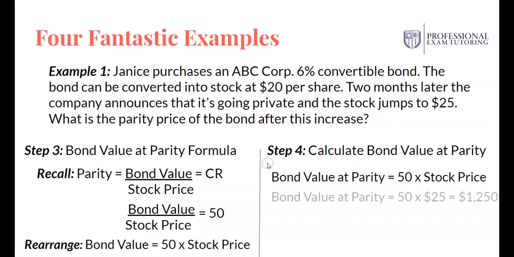So we take 50 as the conversion ratio, multiply that by $25, which is where the stock jumped up to as per the question, and we find that the bond value at parity should be $1,250.